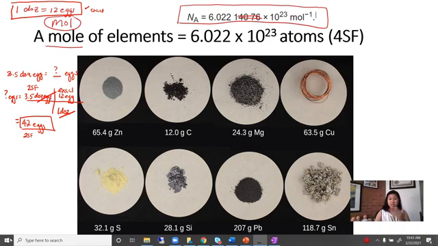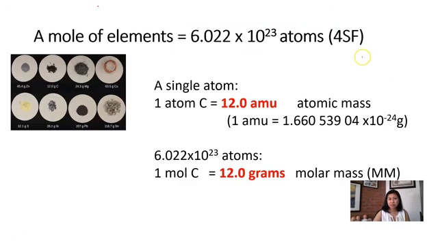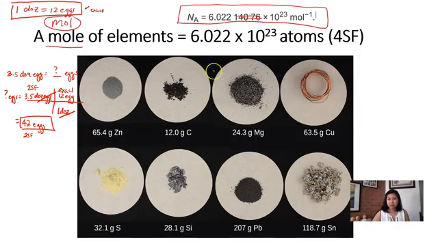So now let's do the chemistry aspect of it. How many individual atoms, let's say copper atoms, are present in 4.50 moles of copper?